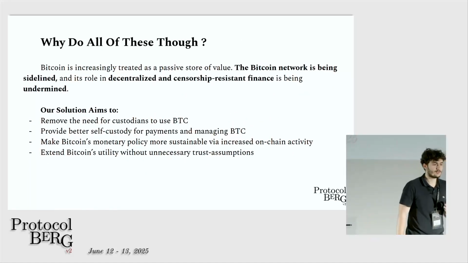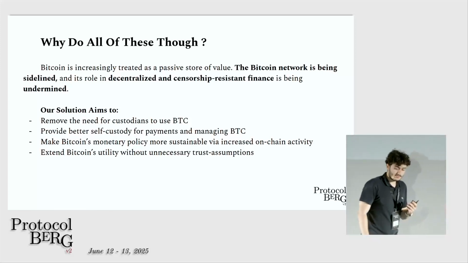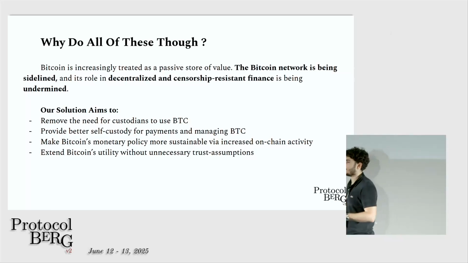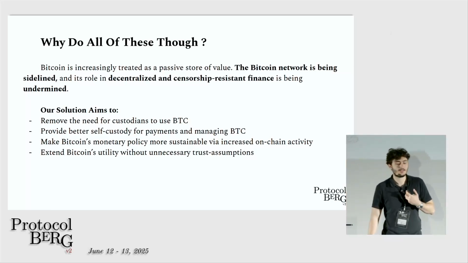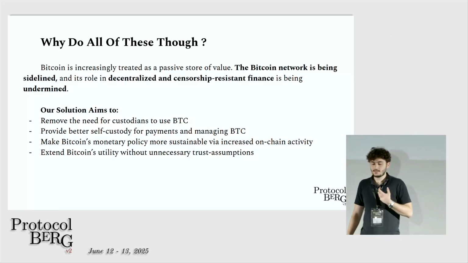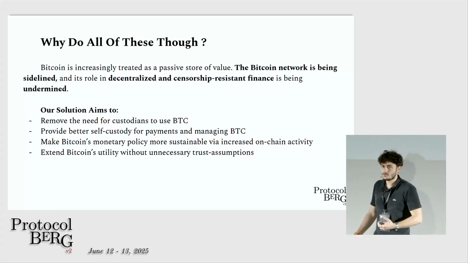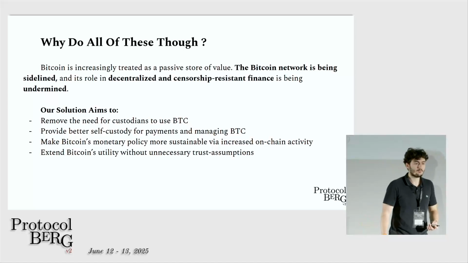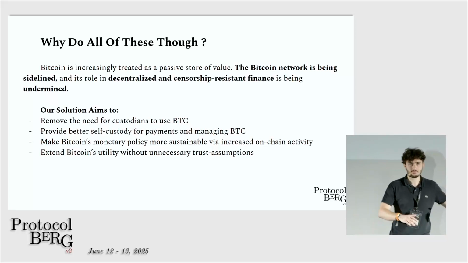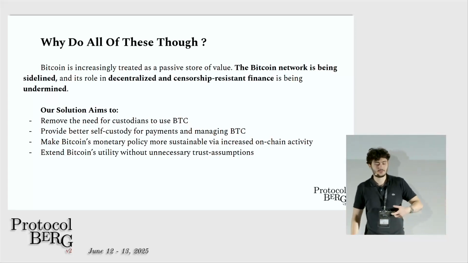So why do all of these though, right? We now see Bitcoin treated as a passive store of value, and we think Bitcoin should be much bigger than that. Our solution aims to save Bitcoin from bridges that are basically 3 or 5 multisigs to other chains.